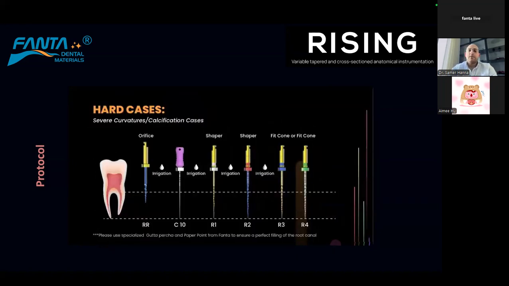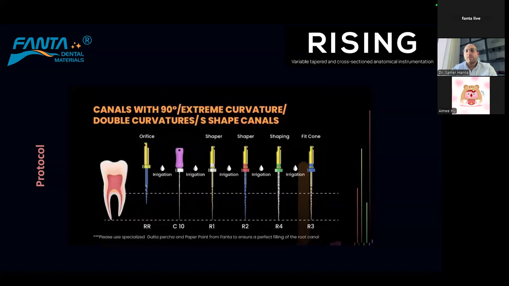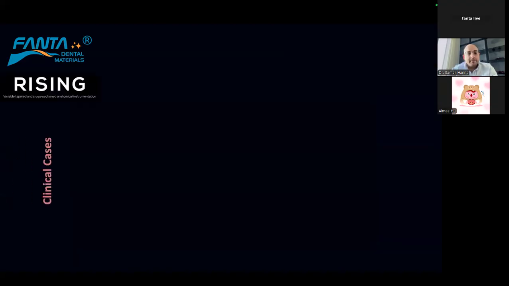Later on, in the hard cases, you can use the R3 and then R4, but in the very extreme cases with 90 degrees curvatures, the manufacturer is recommending that you use the R2, R4, and then R3 in order to reach the length easier.